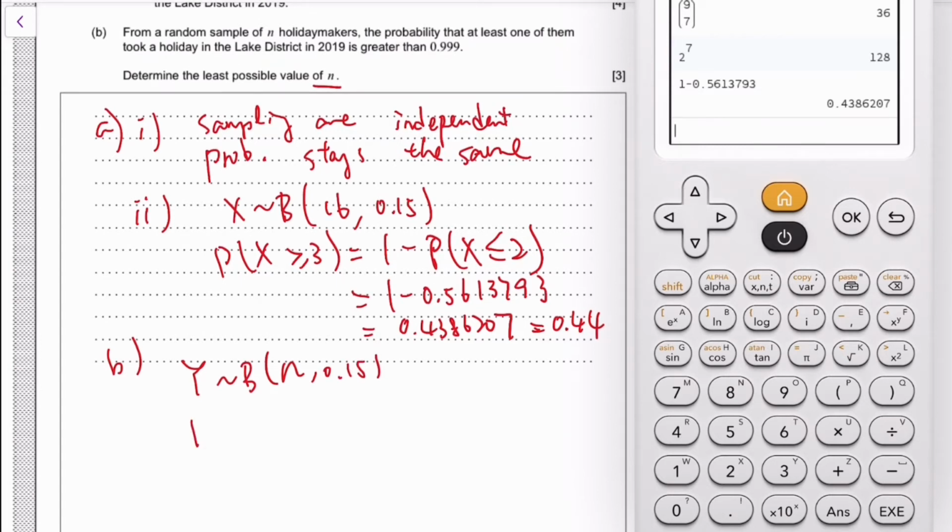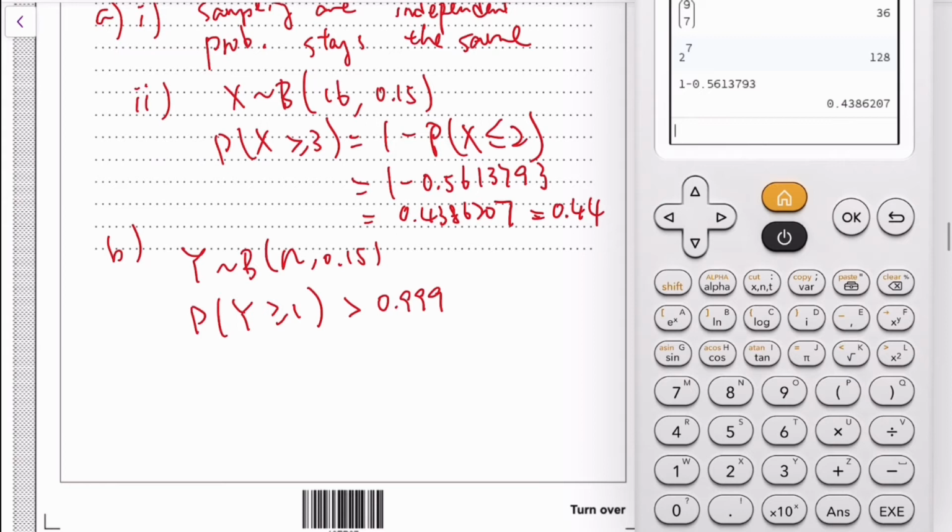We want the probability of y at least 1, bigger than or equal to 1, to be greater than 0.999. Now, we don't know n, so we cannot use the binomial distribution function of a GDC. So this one we need to do ourselves.